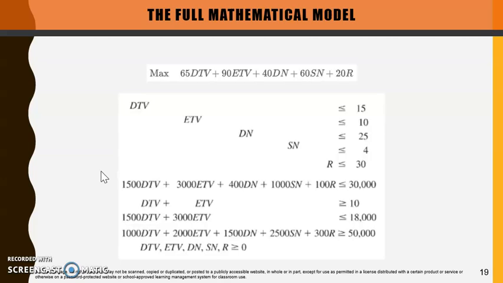It can be 0 when you don't want to use that medium, but it cannot be negative. So the full model along with the non-negativity constraints are, as you can see in this slide, the objective function, the constraints, all of them, as well as the non-negativity ones.